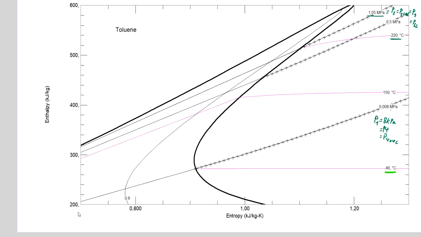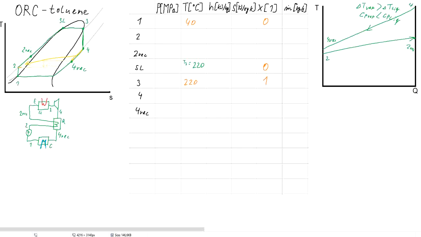So let's fill these into the model, into the table. So the pressure at the point 1 was 0.008, which was also the pressure at point 4 recuperated and at point 4.